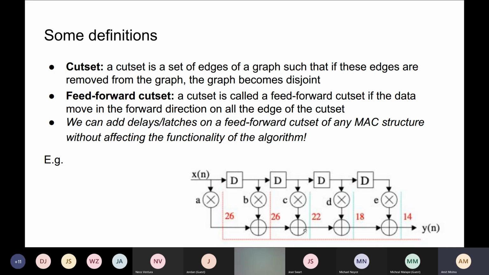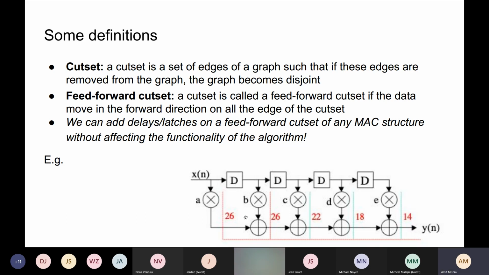For example, in this particular case, let us say the cutset is just in between the multipliers A and B. Then you can add a delay in the path going from multiplier A towards the next addition, and you'll also need to add another delay in the path in which xn becomes xn minus 1. You can do the same thing and thereby reduce this big long critical path that we discovered previously.